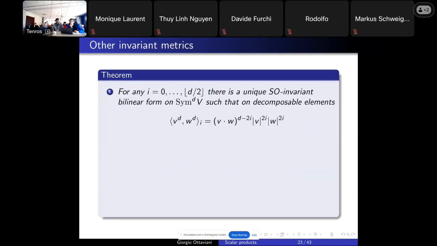And now, a bit of surprise that there are other orthogonal scalar products different from Bombieri-Weil, and that they give some other interesting computations. And here I describe all of them.